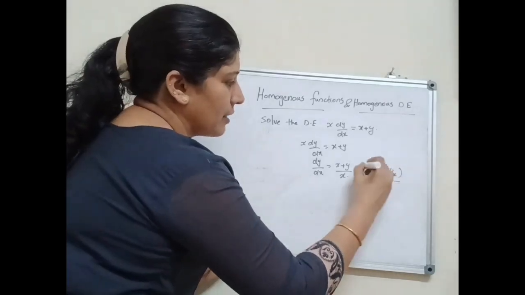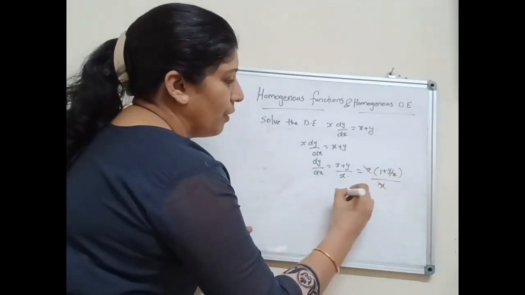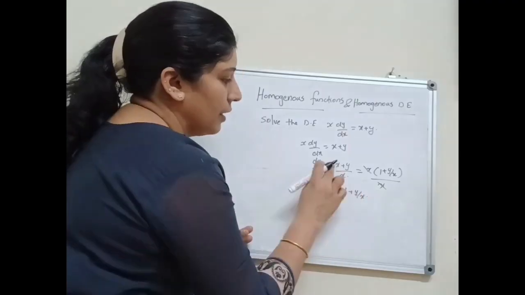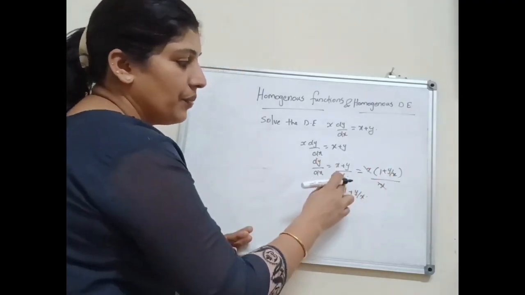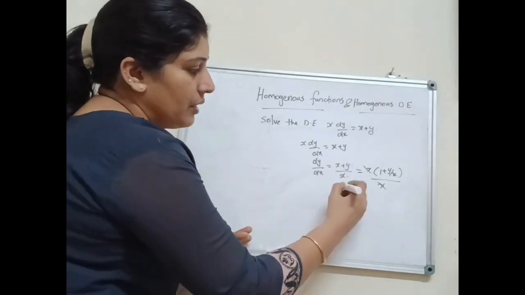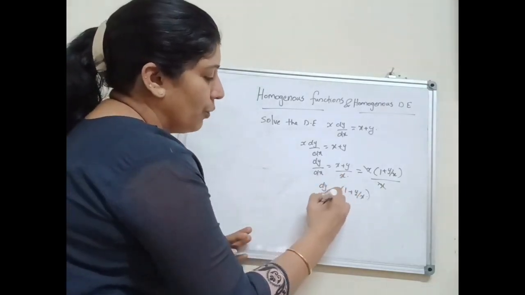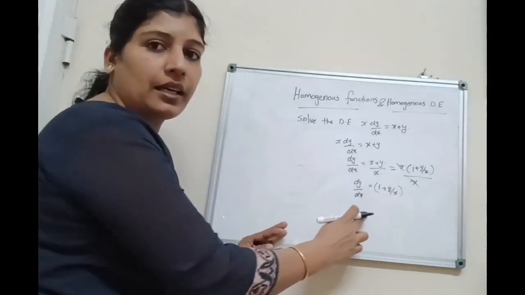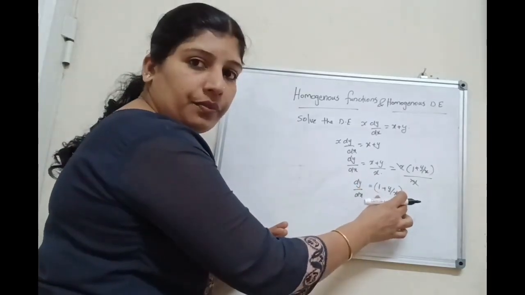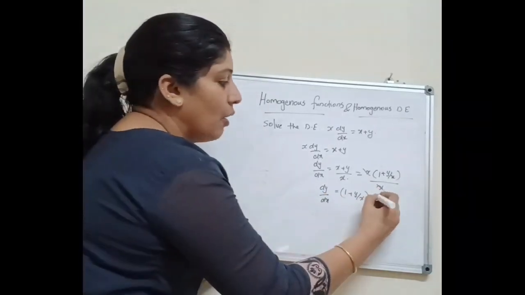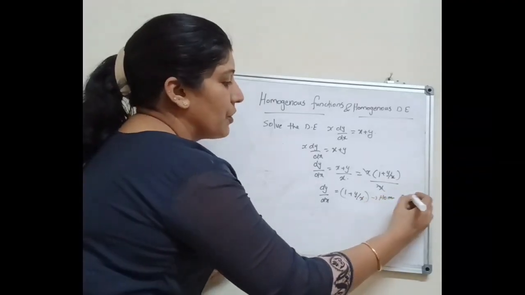Here x cancelled. That implies it is equal to 1 plus y by x. Here in the numerator we can take x outside. Therefore, dy by dx equal to 1 plus y by x. Here it is of the form dy by dx equal to a function of y by x. That is, it is a homogeneous differential equation.